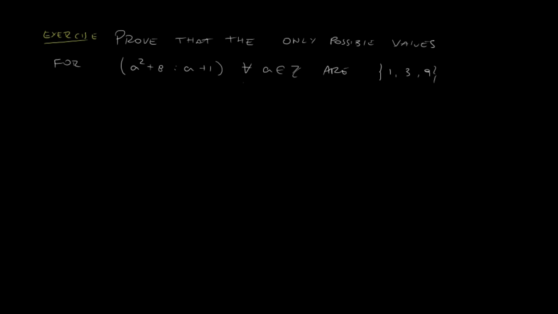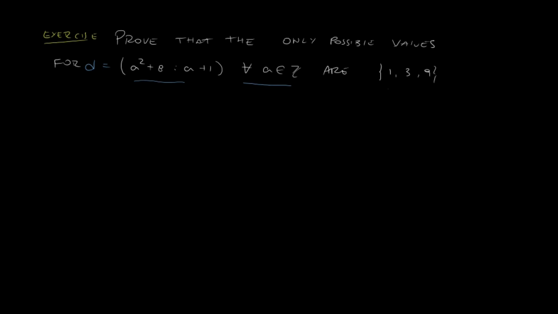We now do this exercise where we're given a number a, an integer, and we want to find what set will be containing our d. So for different values of a, we may get different values of d, where d equals the greatest common divisor between a squared plus 8 and a plus 1.